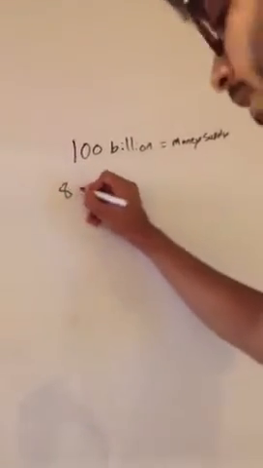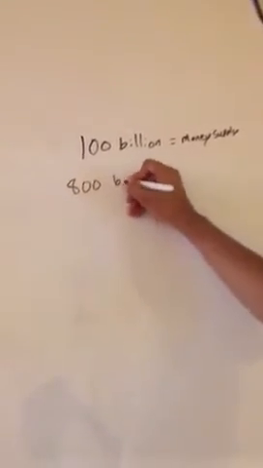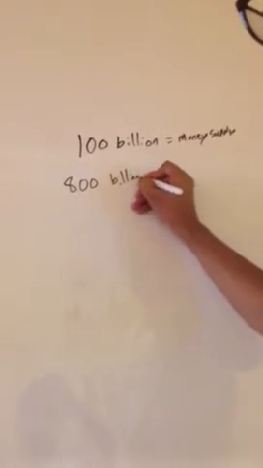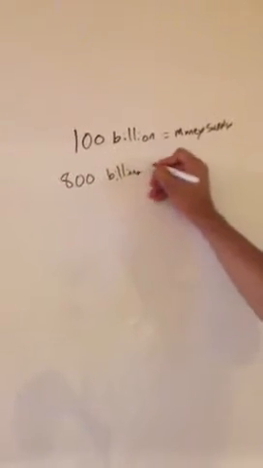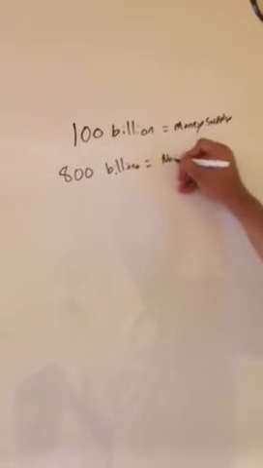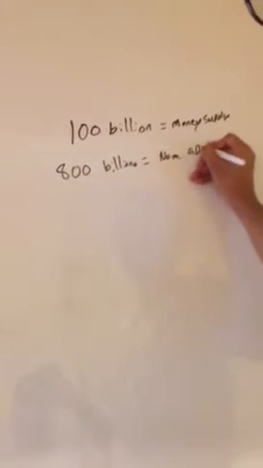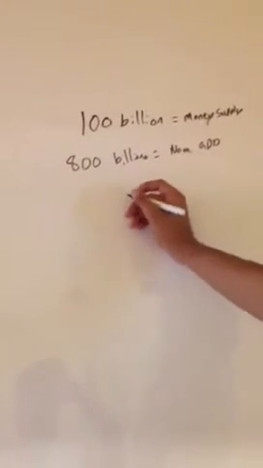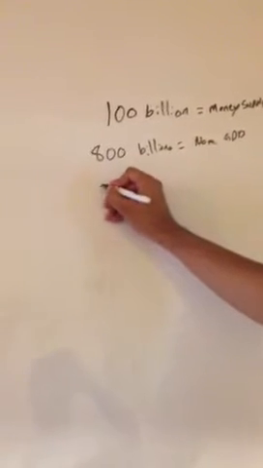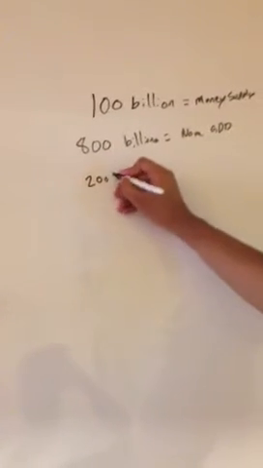We know the nominal GDP is 800 billion. And we know that the real GDP is 200 billion.